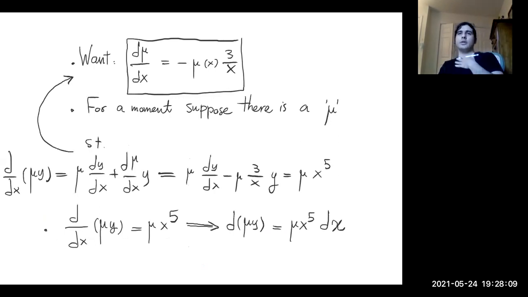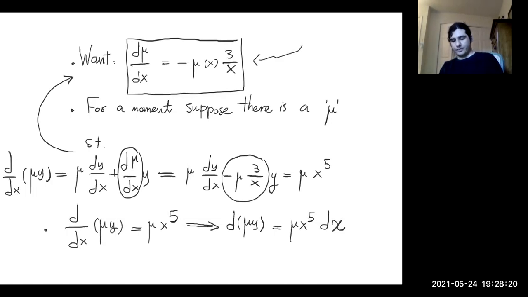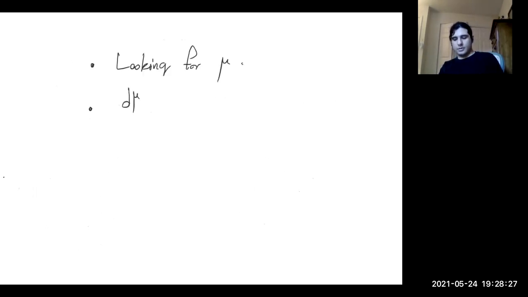In order to do the product rule, we wanted what we have here to be equal to d mu dx, right? So we want d mu dx to be equal to minus mu 3 over x. This is the equation we need to solve to find the function mu.